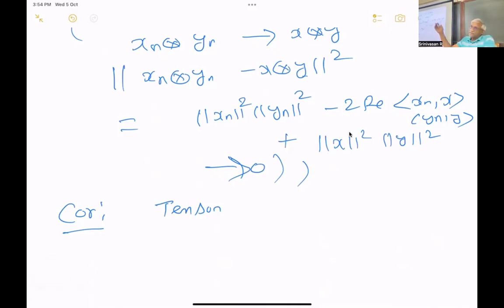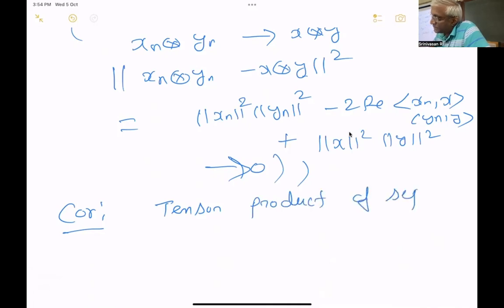That is again countable. Now you take rational entries, the rational linear span, that is countable, and that will be dense there. So the tensor product of separable Hilbert spaces is separable.